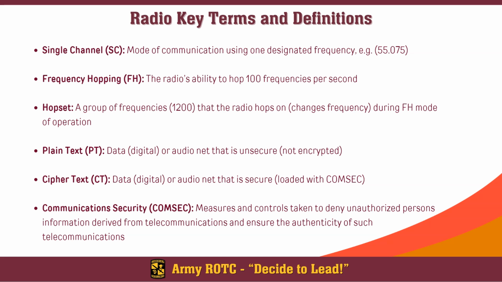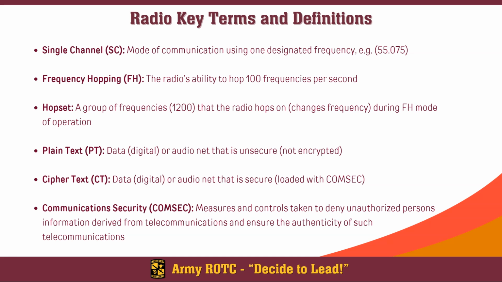Now, plain text is going to be data that's digital or an audio net that is unsecure, so it's not encrypted. It's easy to hack even. Whereas ciphertext, or that Charlie Tango, is data that's digital or an audio net that is secure. So it's loaded with what we call communication security or ComSec.